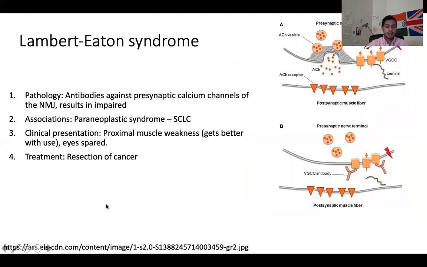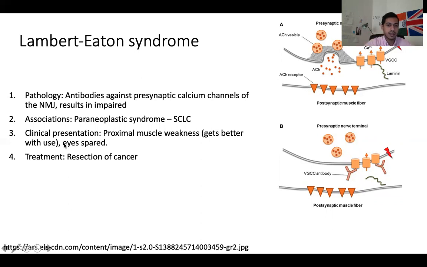Finally, Lambert-Eaton syndrome. This is when we have antibodies against the presynaptic calcium channels of the NMJ, and this results in impaired conduction, actually, in summation of the calcium all the way to the postsynaptic receptors.